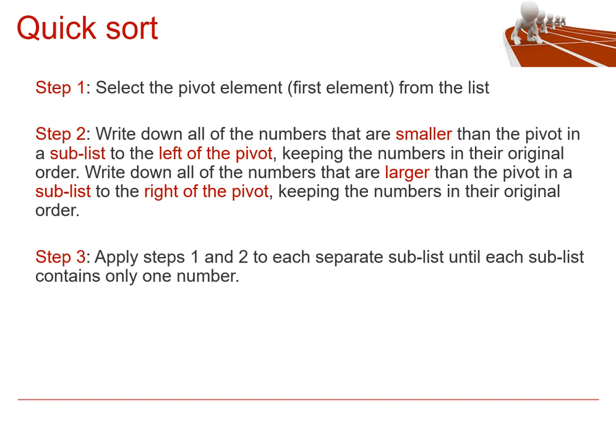We'll write down all the numbers that are smaller in one sublist to the left of the pivot, and all the numbers which are larger to the right of the pivot in another sublist, but those numbers themselves will maintain their order from the original list. Once we've done that, we've got these two separate sublists, we'll apply the algorithm again to each of those and so on until we've got lists that only contain one number.